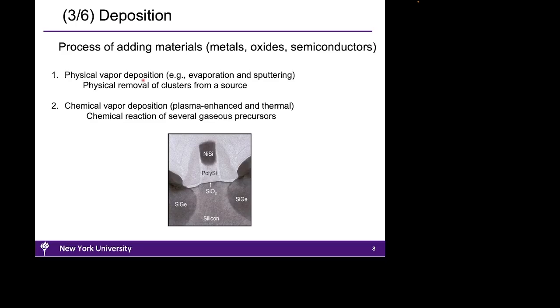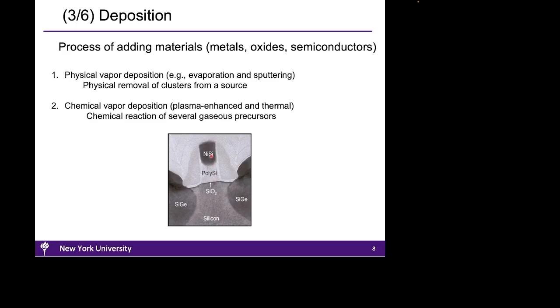evaporation or sputtering of a source material, or chemical vapor deposition, CVD, through chemical reactions of different gaseous precursors. For example, silicon germanium pockets are formed through CVD by reacting silane and germane gases at elevated temperatures.